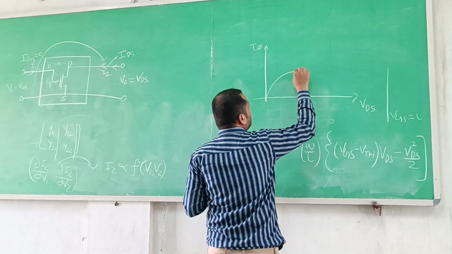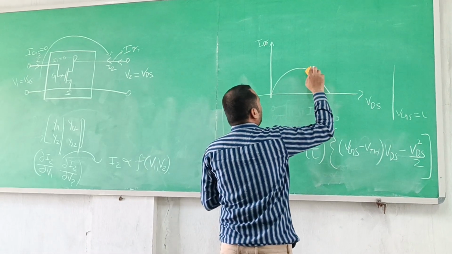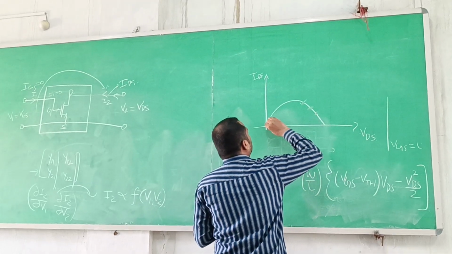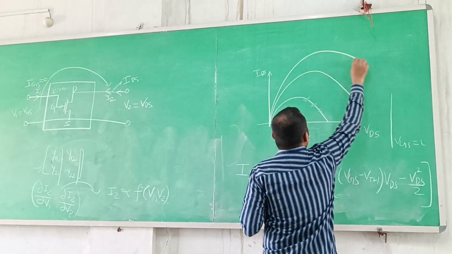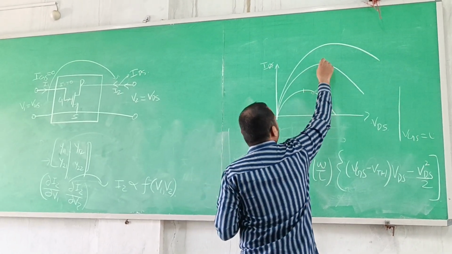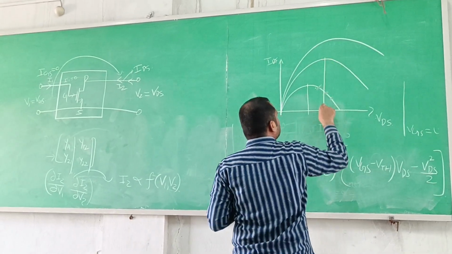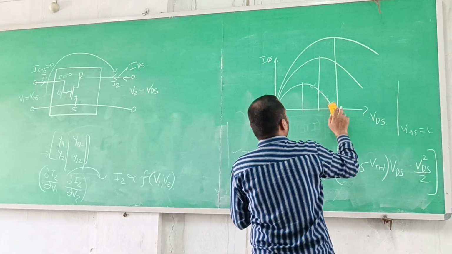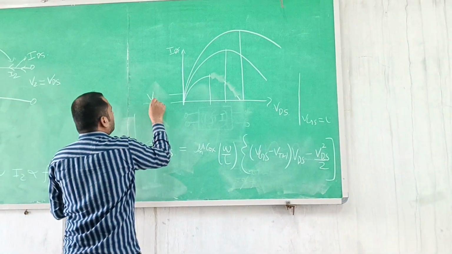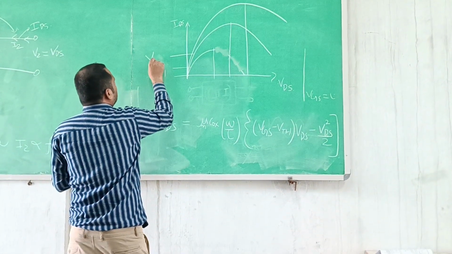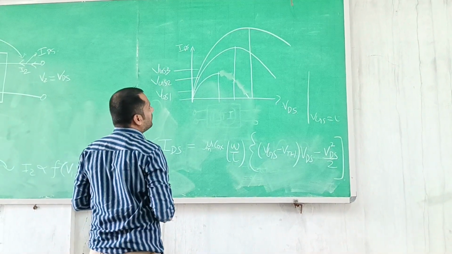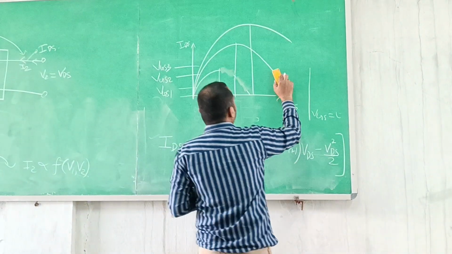This will come like a parabola, but this parabola is valid only up to its maximum point. The parabola for VGS increases; this is for VGS1, VGS2, and this is for VGS3. Okay.